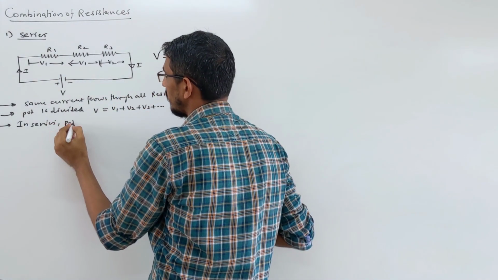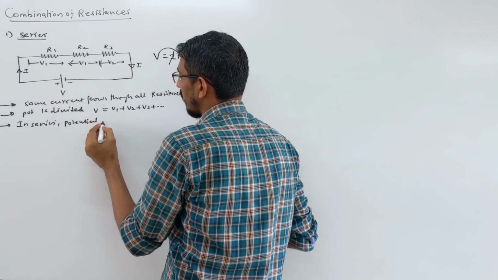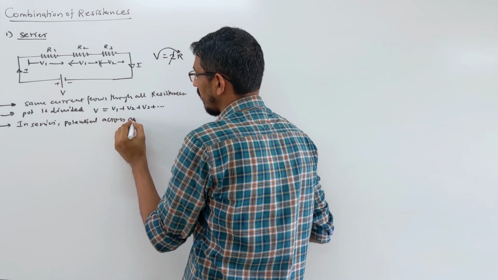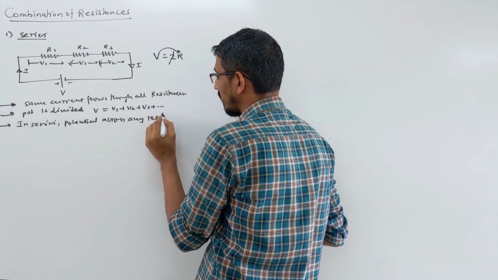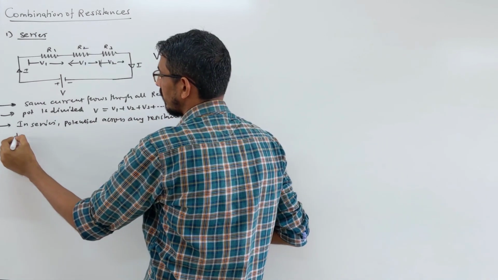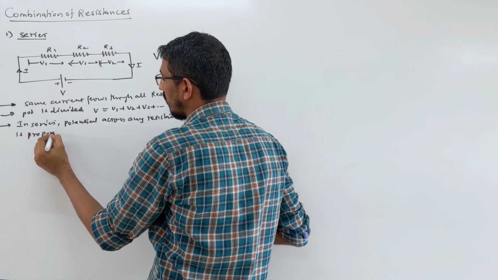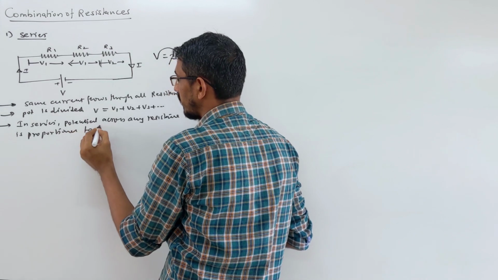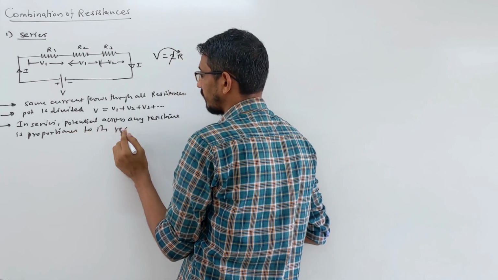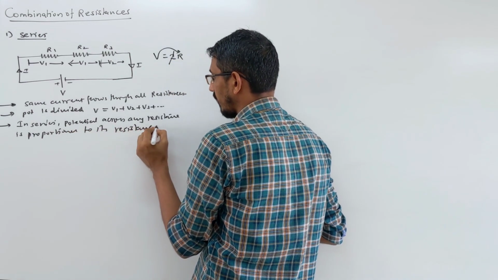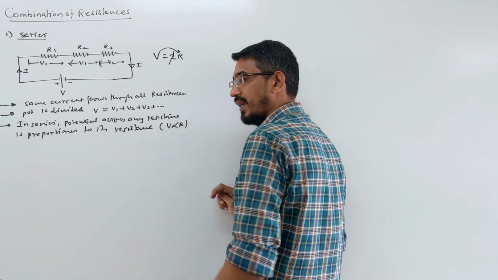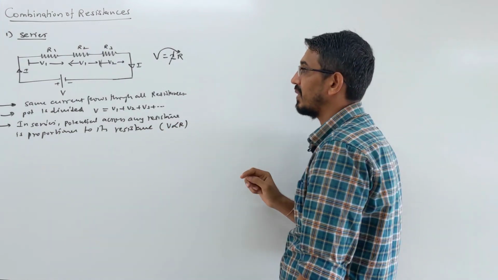So the potential across any resistance is proportional to its resistance. V will be proportional to R, correct?